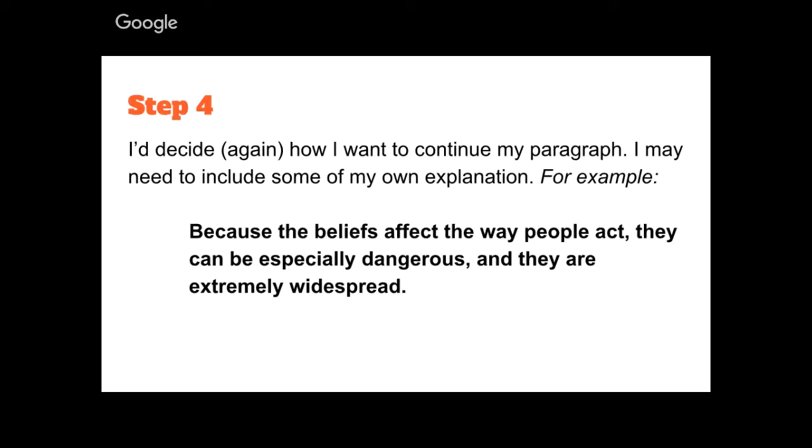What I want to avoid is creating a paragraph that is essentially a paragraphed list of notes. That's not synthesis. That's a paragraphed list of notes. Okay? You've got to splice in your explanation around there to tie everything together. So I use explanation from my own brain next: Because the beliefs affect the way people act, they can be especially dangerous, and they are extremely widespread.